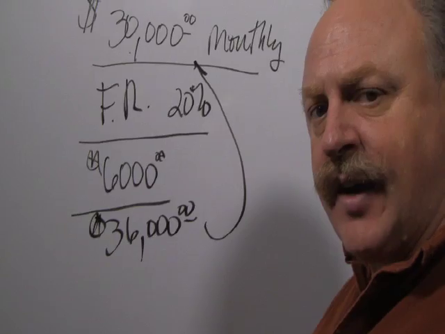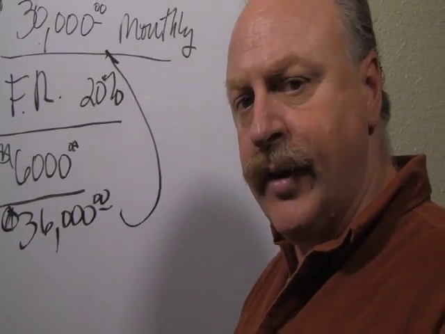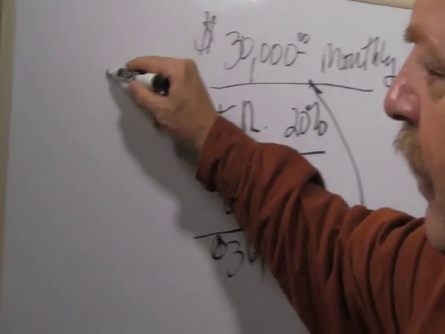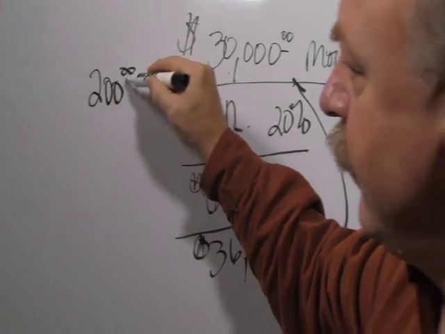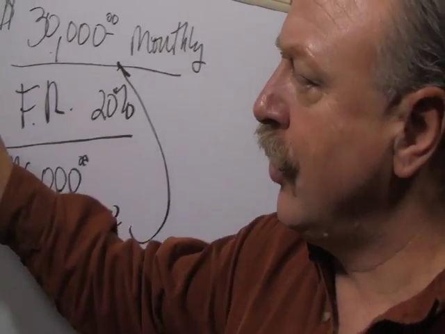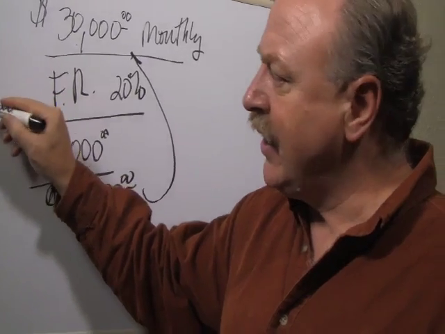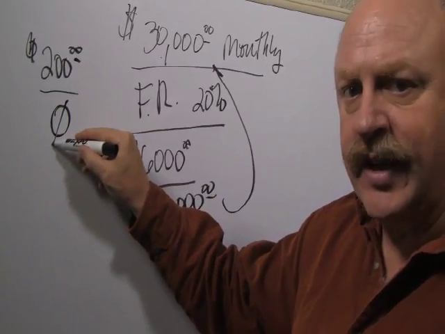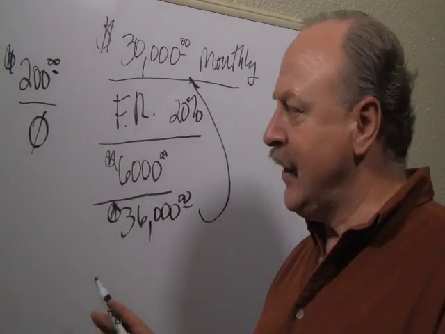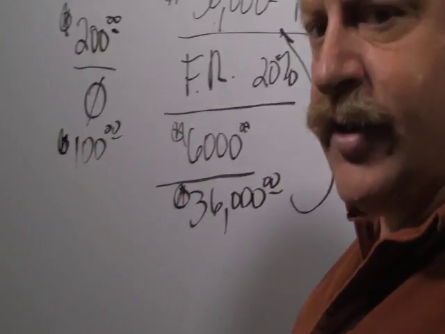And how we would recover that would be a set daily amount. Let's use a set dollar amount daily of $200. Now, in the event that there weren't any sales that day, we're not going to take $1. But let's say that day they did $100 in gross sales.